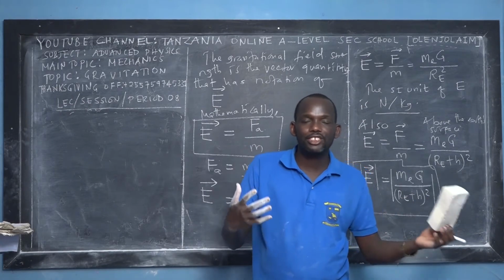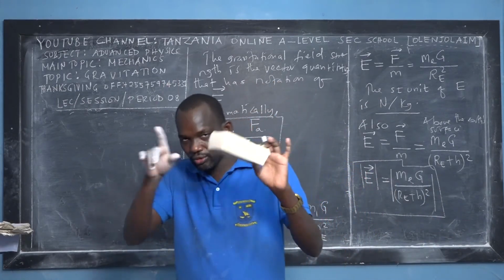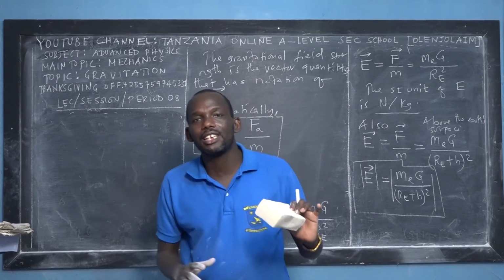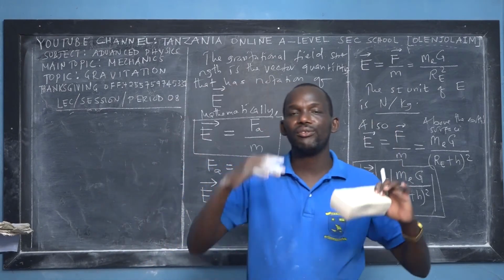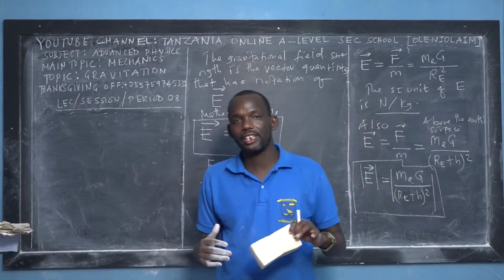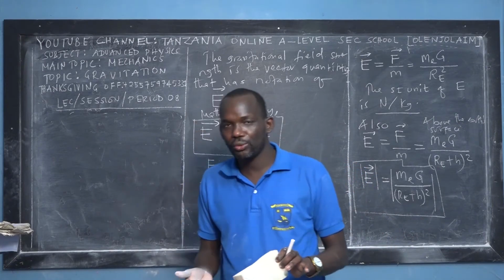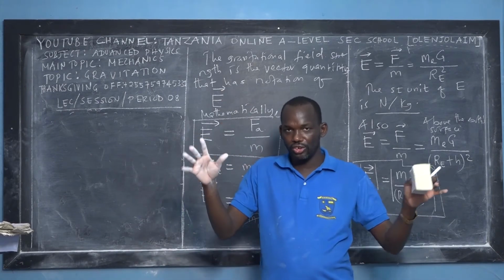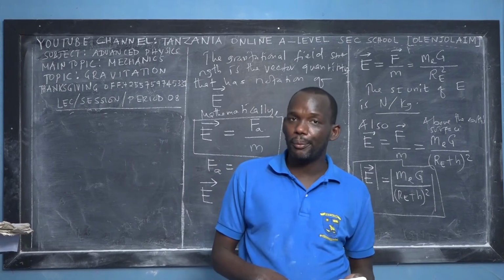If the satellite manages to travel and pass the gravitational field strength of the Earth, then we consider that the satellite has reached the infinity region. Otherwise, the gravitational field of the Earth is still acting on that satellite at that particular point.